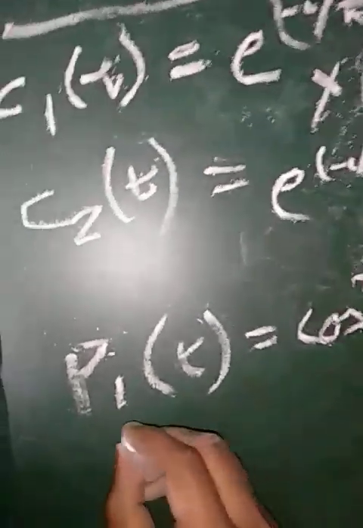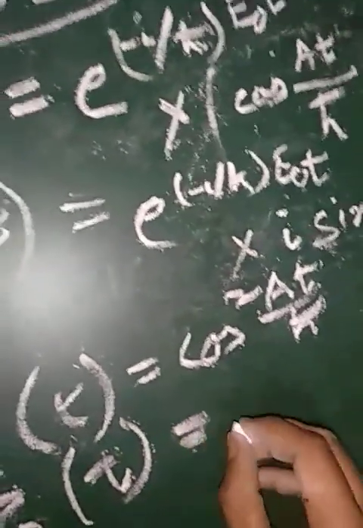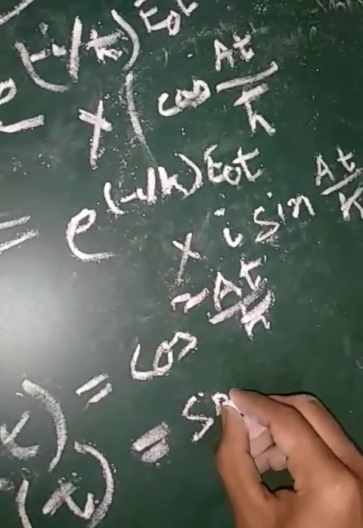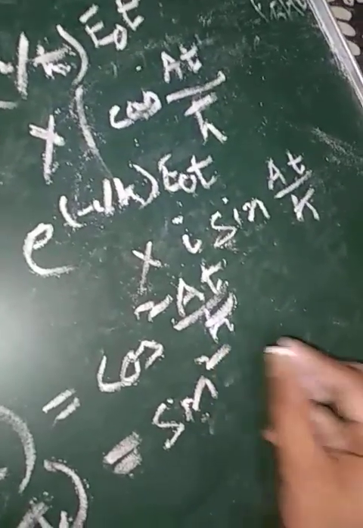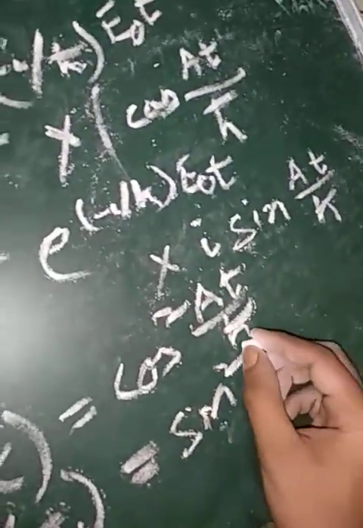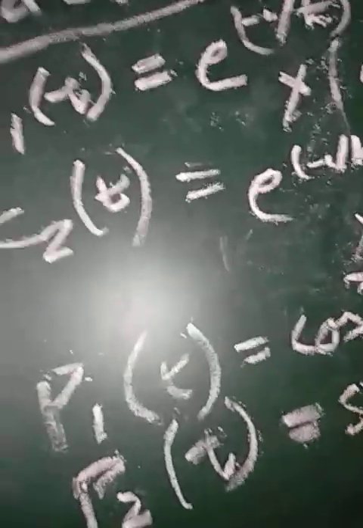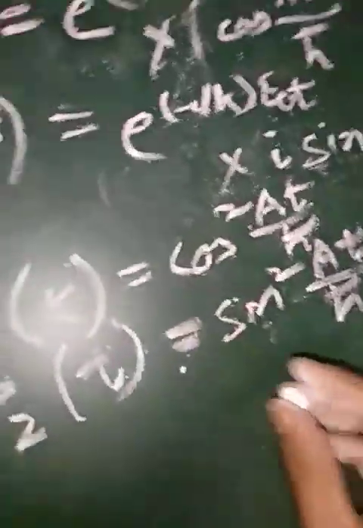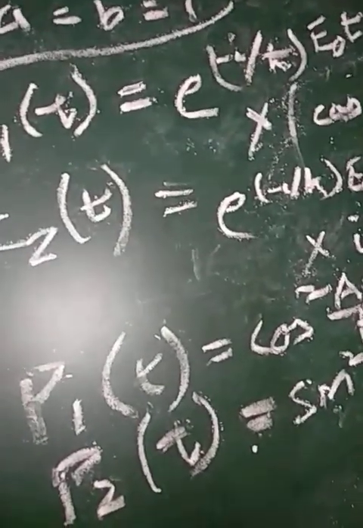Similarly, P2(t), the thing we require, will be sine squared At by h cut. I and minus i give plus 1, because minus i is the complex conjugate, isn't it? So both of them oscillate with a similar frequency.